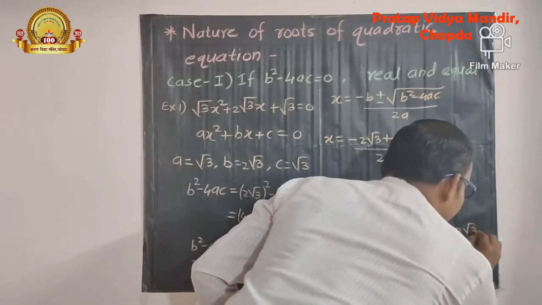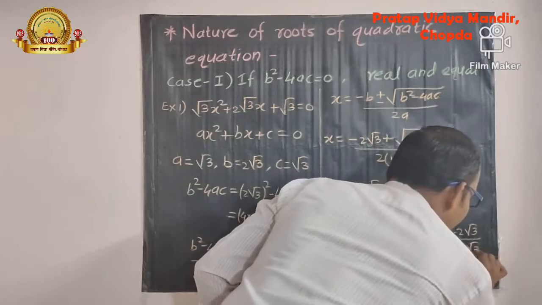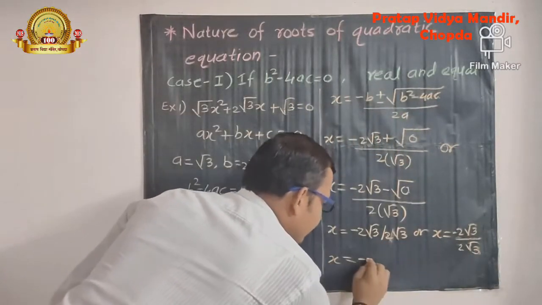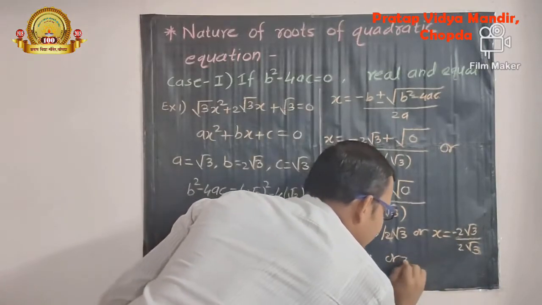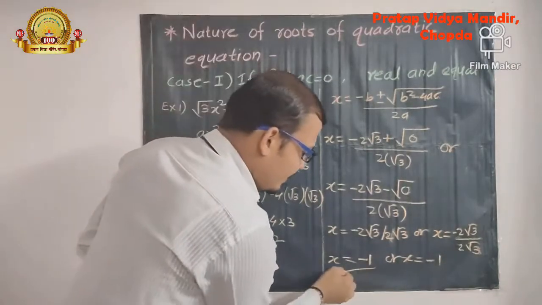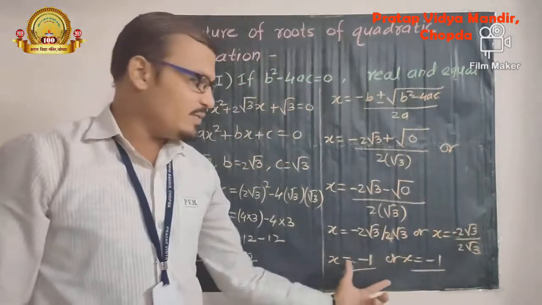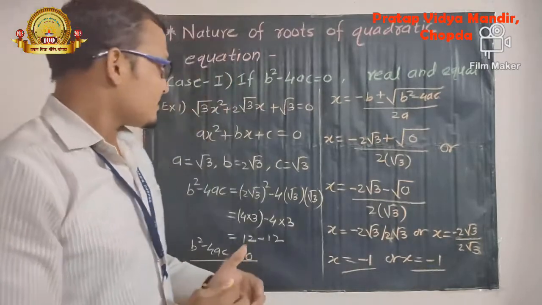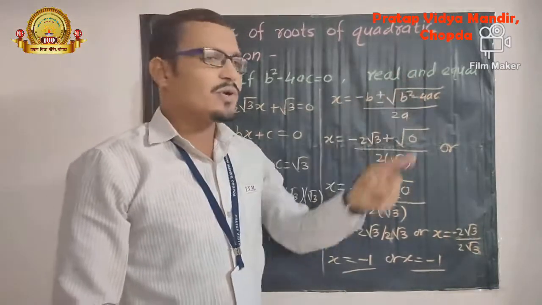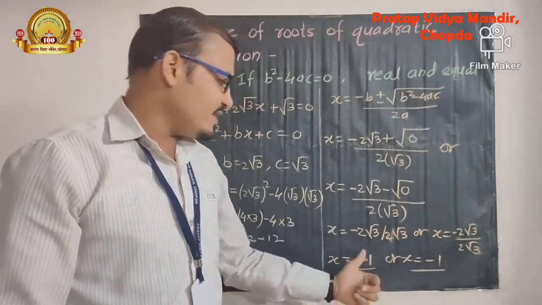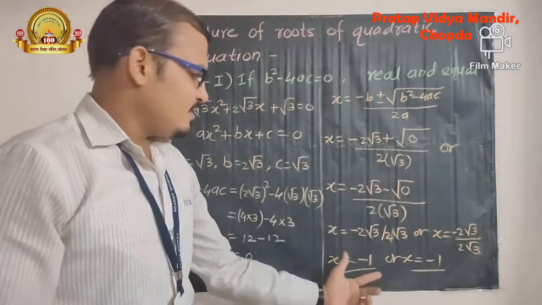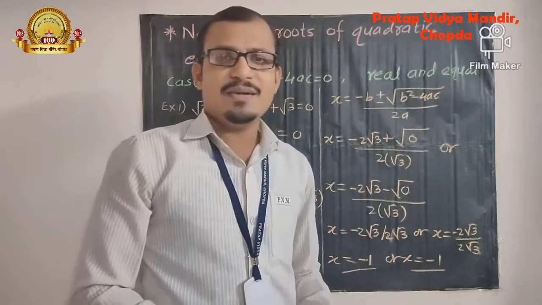And if we solve, then we get minus 1, or x is equal to minus 1. See friends, here we get equal values or equal roots. Hence, if the value of b square minus 4ac is 0, then the roots of quadratic equations are real and equal. Here clearly minus 1 is a real number and both roots are equal roots.